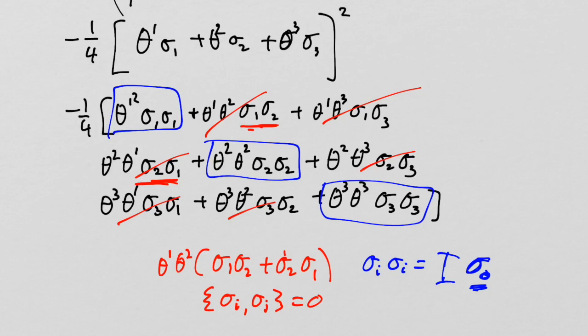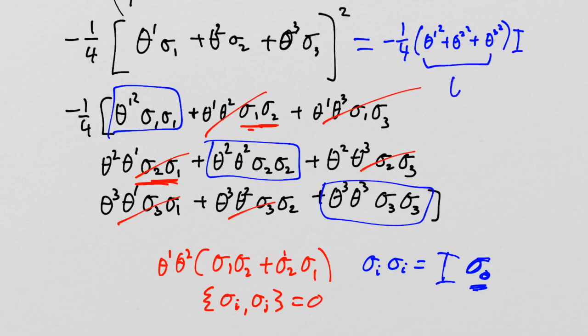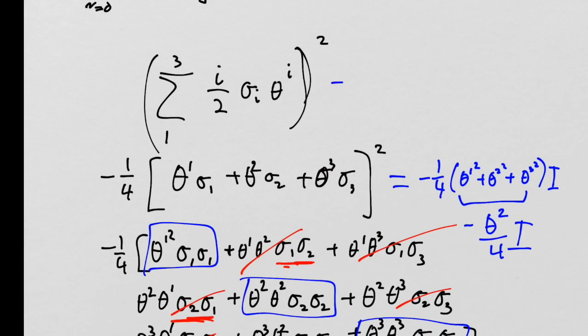So this whole expression ends up equaling minus 1/4 times sigma 1 squared plus sigma 2 squared plus sigma 3 squared times the identity matrix, right? So we call this just sigma squared. So this is now minus sigma squared over 4i. That's what this is.